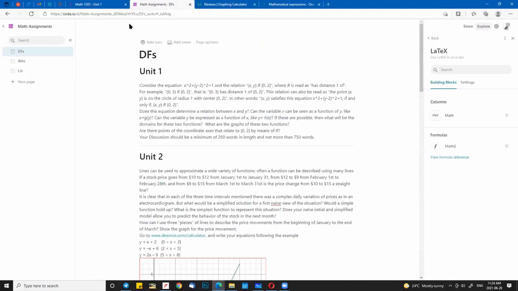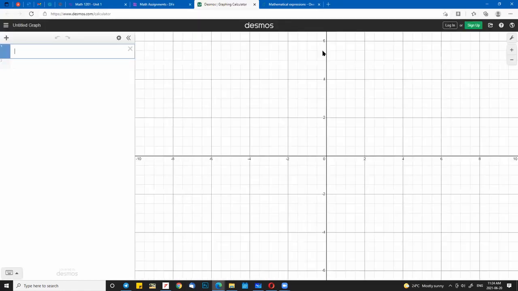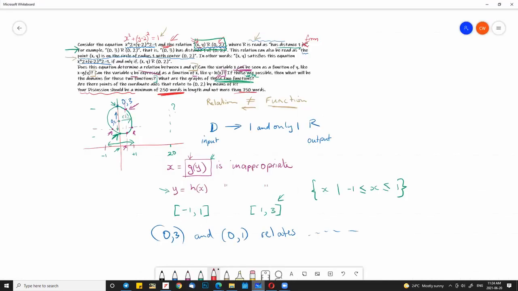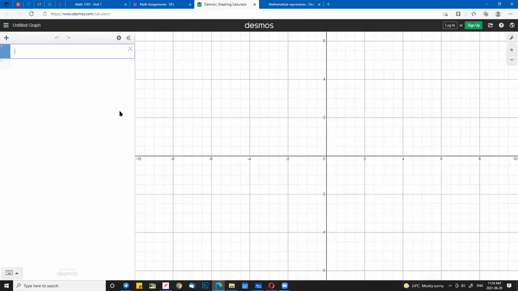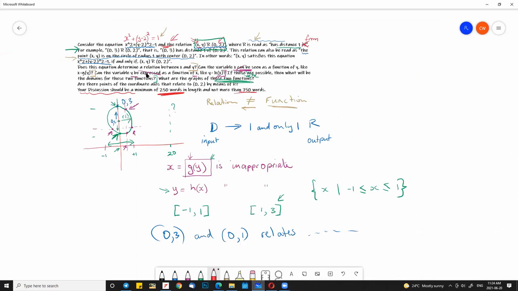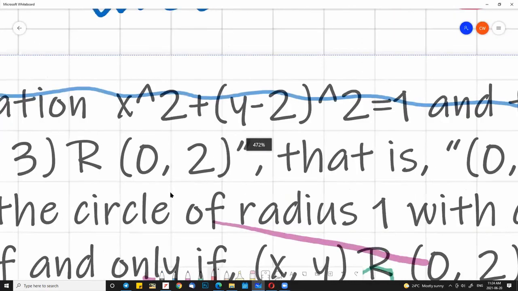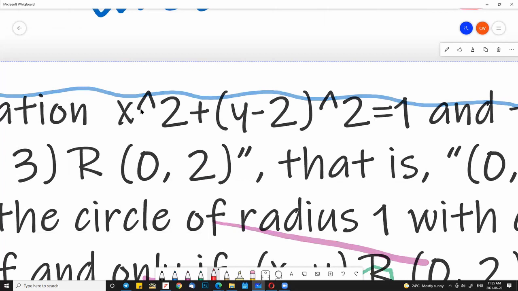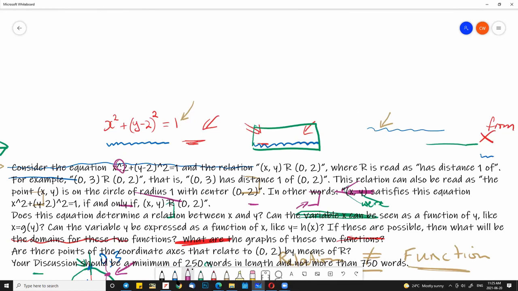And let's just jump inside of Desmos real quick. Let's go to Desmos and let's just plug it in. x squared plus y minus 2 squared equals 1. So you go to Desmos, you put x, and then for square, you put this little caret symbol.